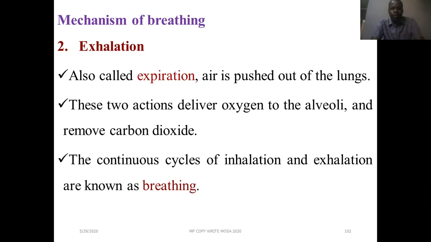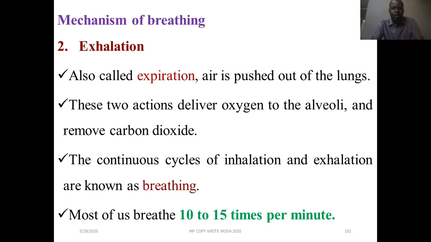The continuous cycles of inhalation and exhalation are known as breathing. So you need to breathe in and breathe out. Most of us breathe 10 to 15 times per minute.